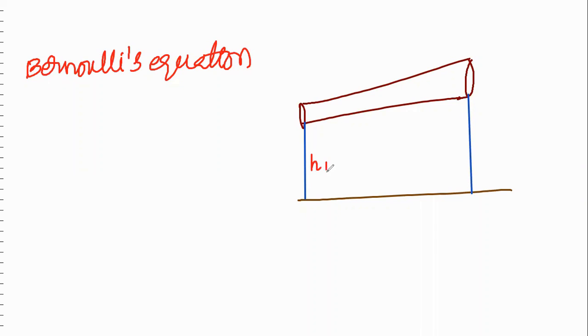This is at height h1 and height h2. This is the area of cross section A1, and its other area of cross section is taken as A2. Then the velocity at this point is taken as V1, and the velocity at this one is taken as V2. V1, V2 are the velocities.